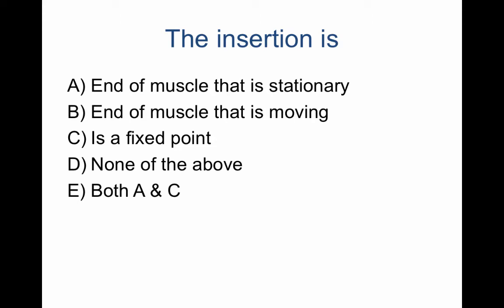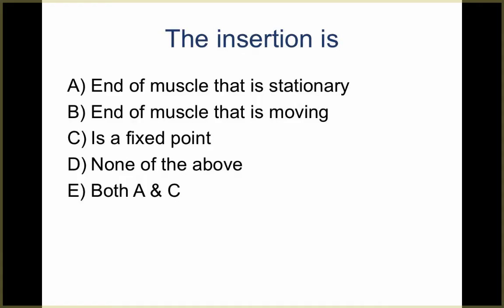Is it A, the end of the muscle that's stationary, B, the end of the muscle that is moving, C, a fixed point, D, none of the above, or E, both A and C? Hopefully you realize the correct answer is B, the moving part. Both A and C are talking about the origin.